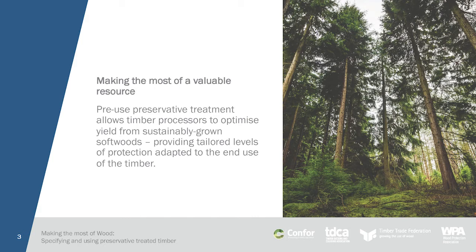Timber preservatives for softwood materials provide tailored levels of protection from decay and insect attack, making the resulting wood more durable and offering reliable longer-term performance. Making the most of timber resources in this way also reduces pressure on more naturally durable but perhaps scarcer species of wood.